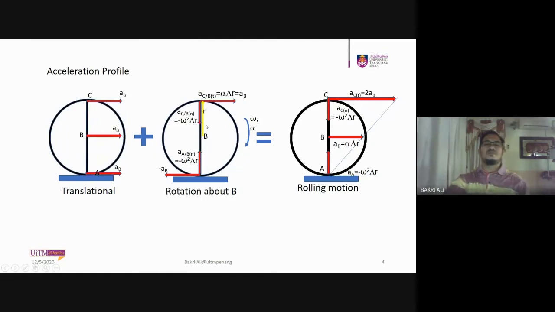Okay, so if we combine all this, the point C has twice the acceleration of B, so AC equals 2AB.